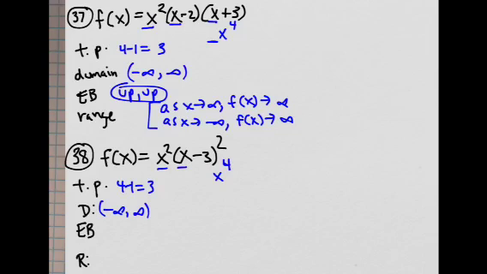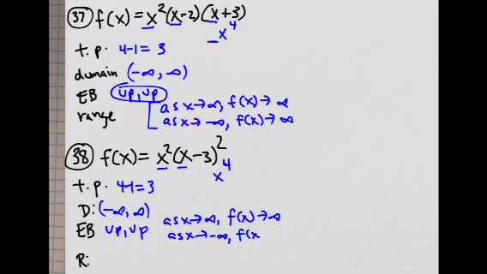And because it's an up, up, because again a is positive on this one, we write as x goes to infinity, f of x goes to infinity. As x goes to negative infinity, f of x goes to infinity. And this is another one where I'm going to have to come back after I sketch it or graph it with Desmos.